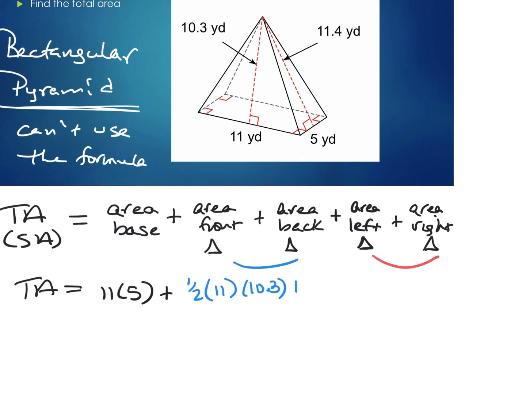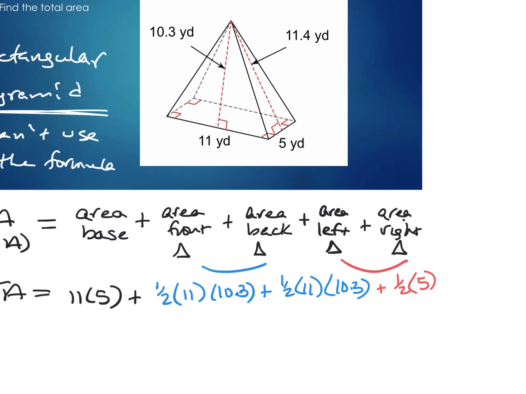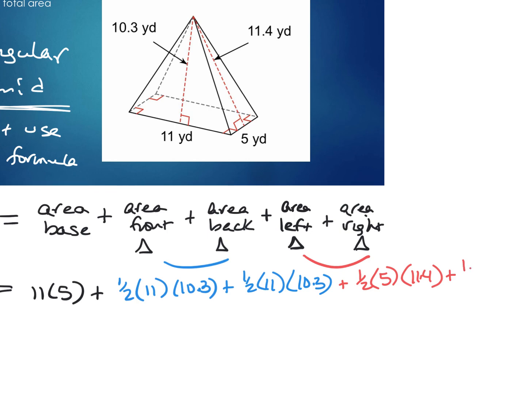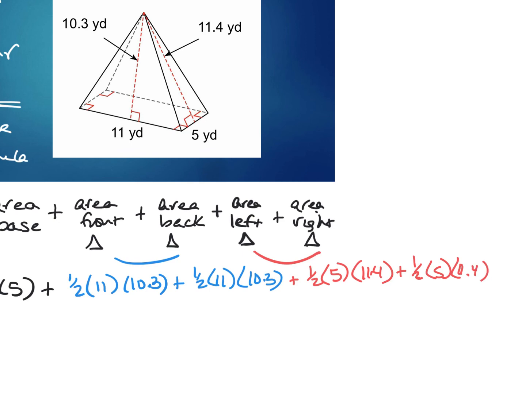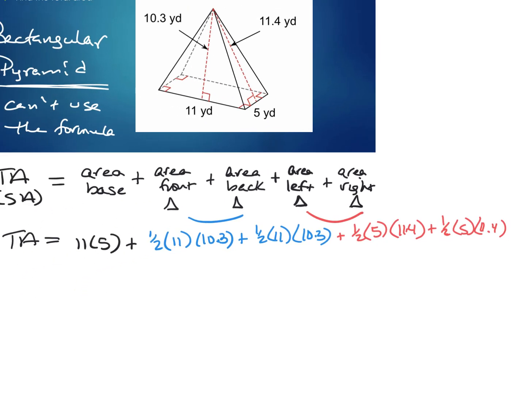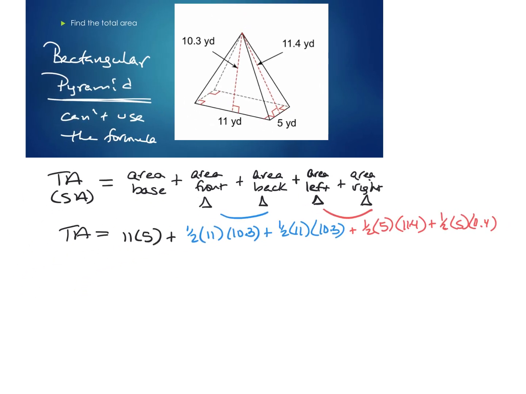This is for front. This is also for back. And then left will be 1/2, 5 times 11.4. And same thing for the right. 1/2, 5 times 11.4. I'm going to go ahead and do all these calculations and add them up.